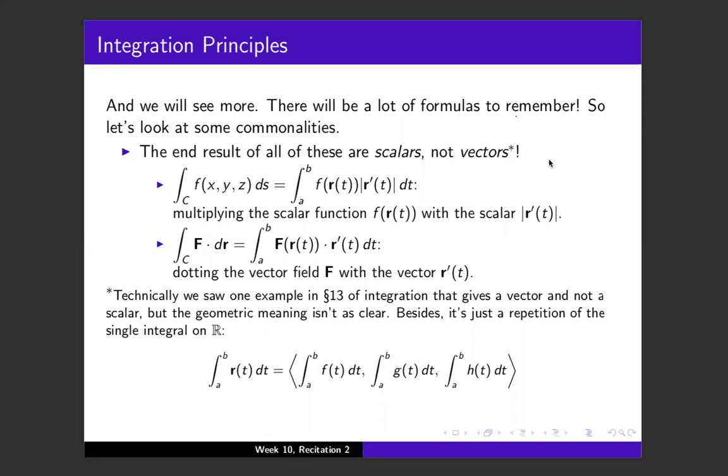And besides, it's just a repeat of single integrals on the real line, just done in 3 different coordinates. So it's really not that interesting in some ways, and we're not going to pay attention to that one as much. Most of the time, with this one exception, all of the integrals that we're looking at here are going to be scalars.